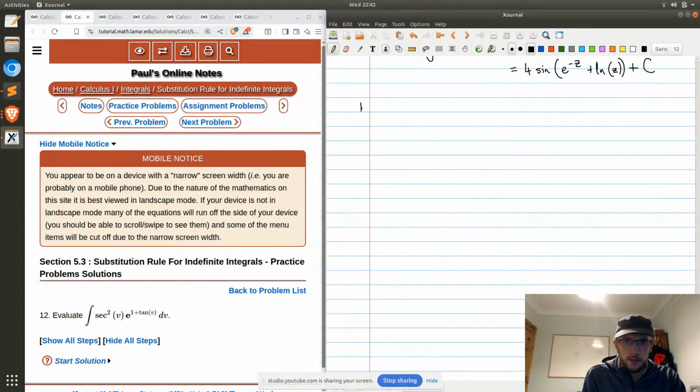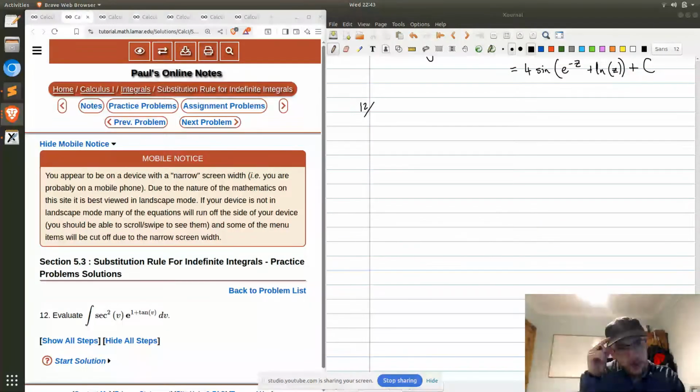Problem 12. Evaluate the integral of sec squared of v times e to the 1 add tan v, all dv. d by dx of tan x is sec squared x. We see that.